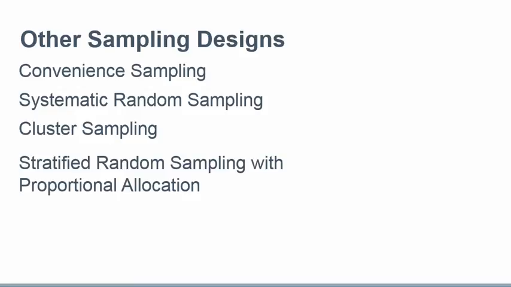Cluster sampling breaks up our population into clusters. You select a few of those clusters and survey everyone in those clusters. Stratified random sampling also breaks up your population. However, instead of choosing a few and sampling everyone, you sample a proportional amount from each set.